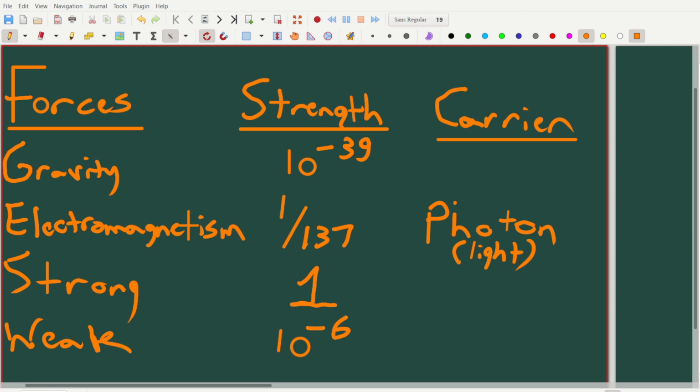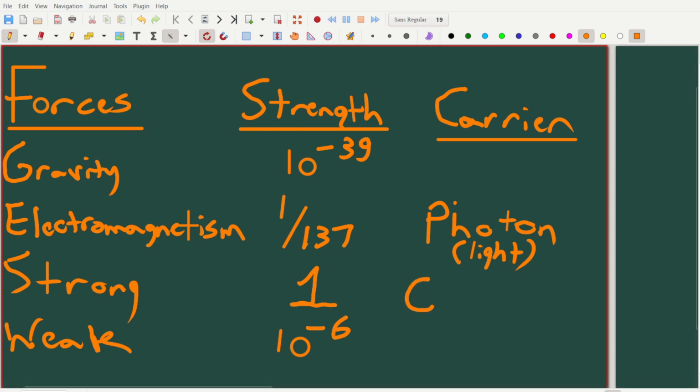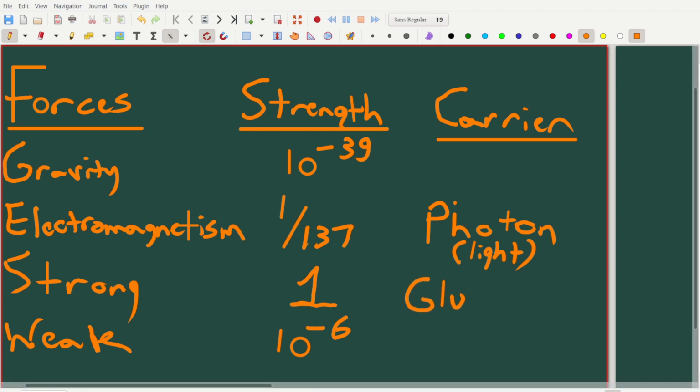The other two, the strong and the weak, also have particles that carry these forces. The strong force has a kind of stranger-named particle called a gluon, named after glue.